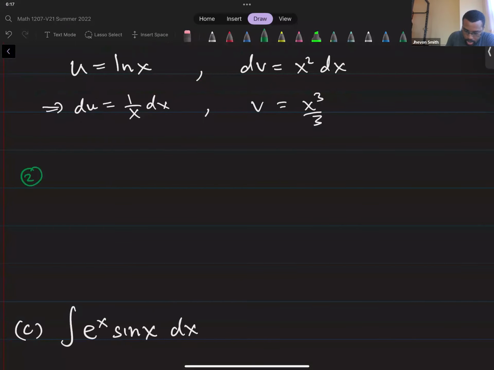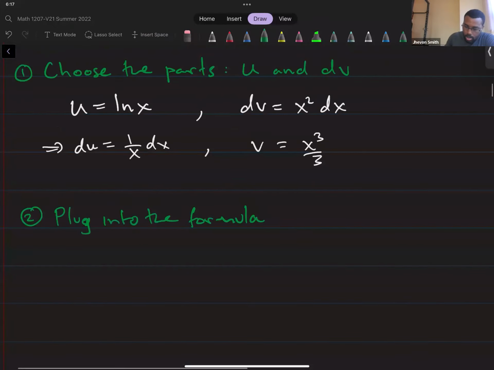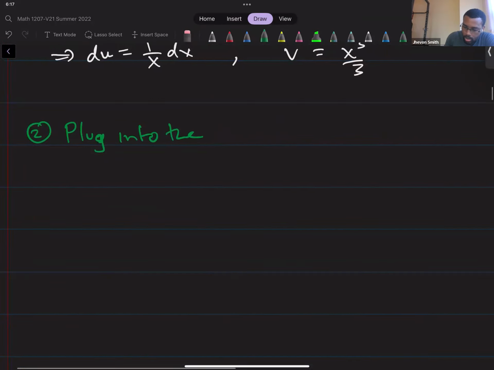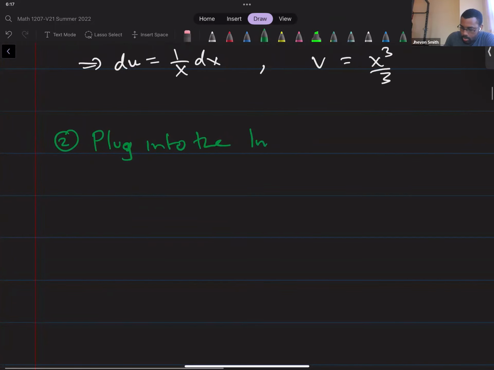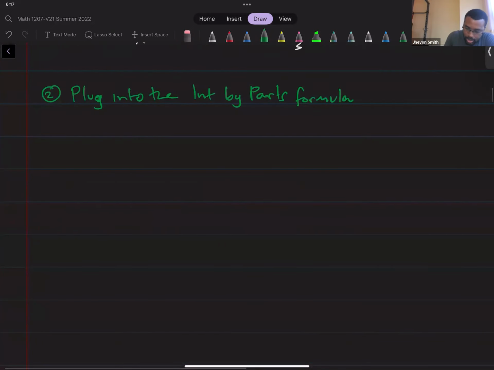And so the second thing you're going to do is plug into the integration by parts formula. You know that the integral of u dv is equal to u times v minus the integral of v du.